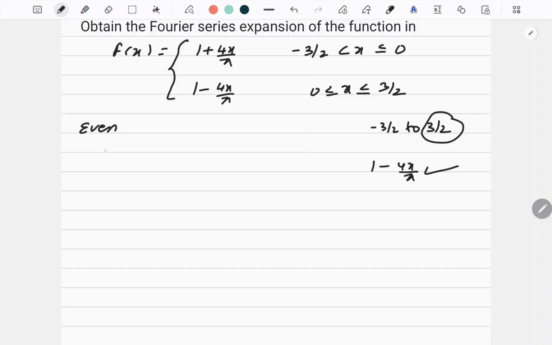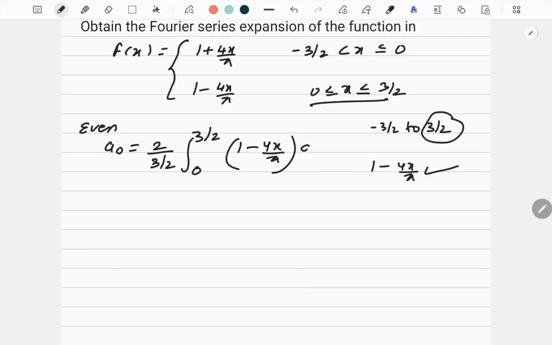If it is an even function, bn is 0 and a0 is equal to 2 by L, and L is your 3 by 2. Integral 0 to L, so 0 to 3 by 2, then f(x) dx. f(x) is what? In this range 0 to 3 by 2, f(x) is 1 minus 4x upon pi dx.